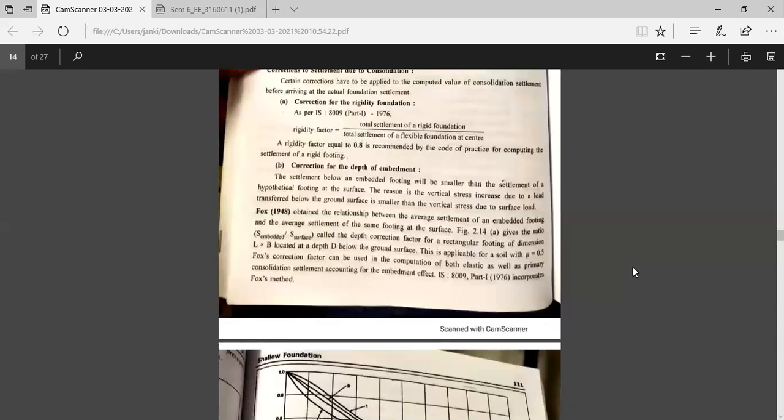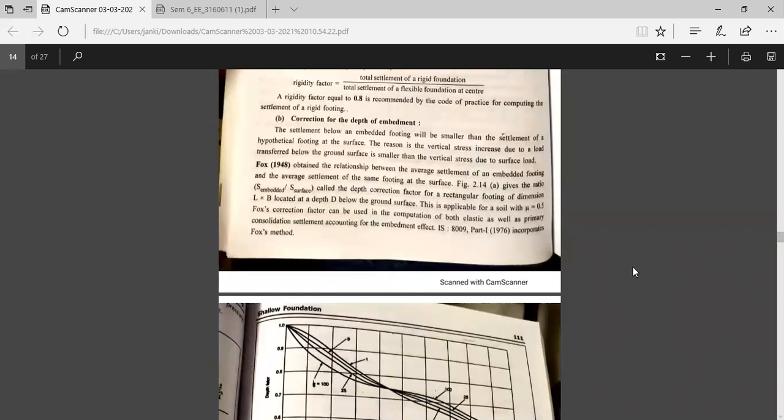The figure shows the relationship between the average settlement of an embedded footing and the average settlement of the same footing at the surface. The ratio of settlement of embedded footing divided by settlement at surface is called the depth correction factor, for a rectangular footing of dimension L by B located at depth D below the ground surface.